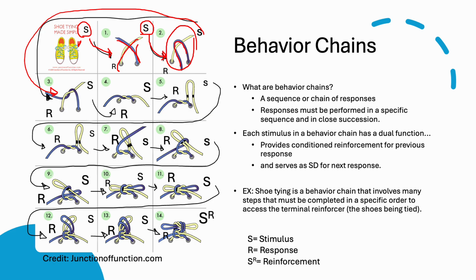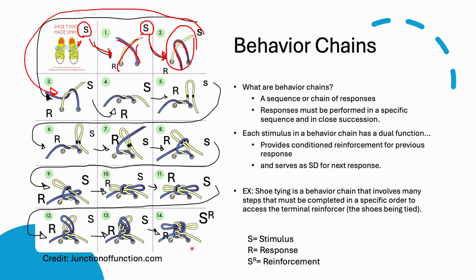Once we engage in the next response in the chain, we'll see the completed action, which serves as a conditioned reinforcer for the response you just engaged in, and also serves as the discriminative stimulus for the next response in the chain, and so on and so forth, until you finally complete all the steps and get to the very last step.